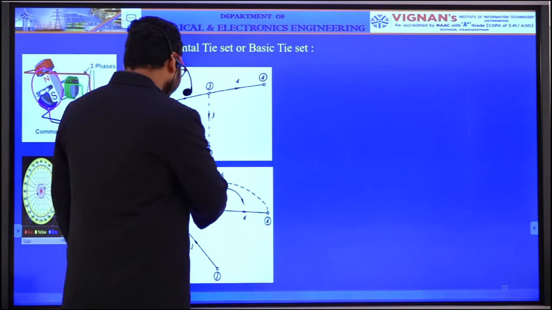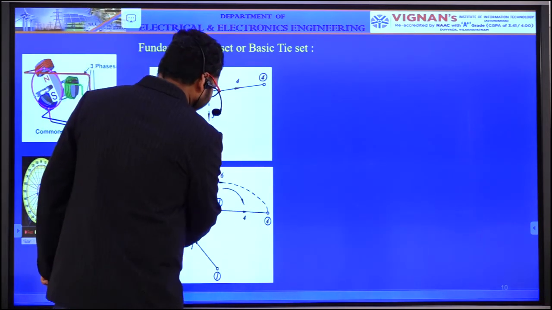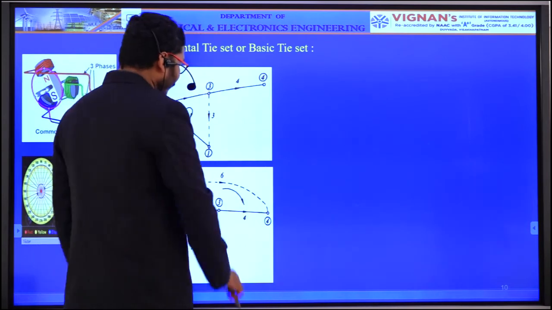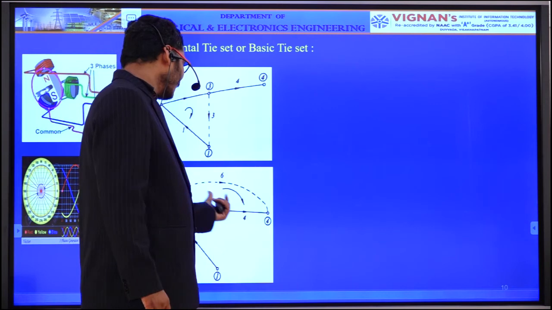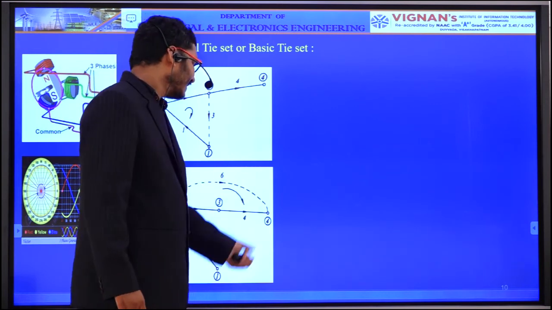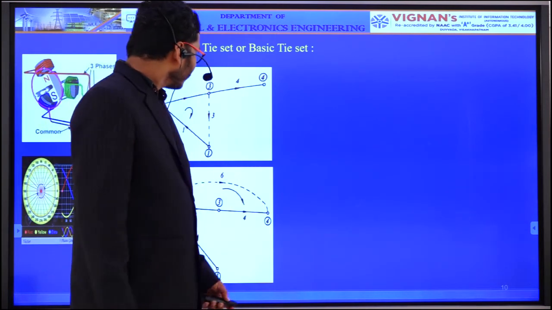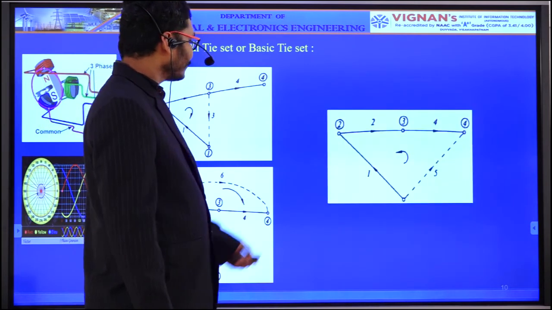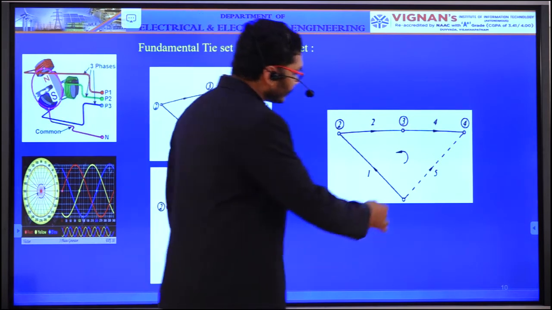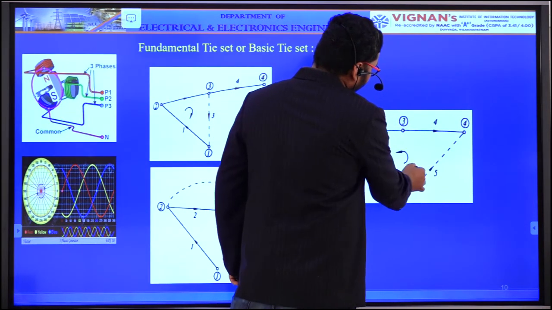Similarly, if you see, it forms 2 to 4 and 6. It forms the closed path. Okay, so it means the tree branches are only 2 and 4. The only co-tree branch is 6. It means it is also a basic tie set. Okay, so remaining here also it forms a closed path.